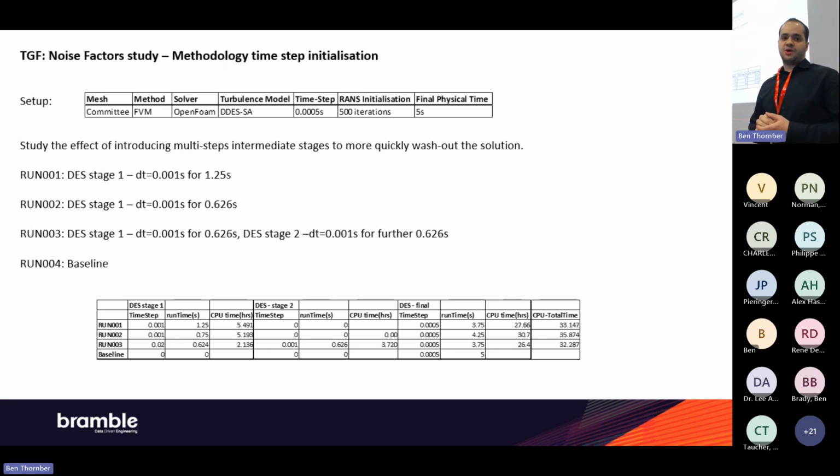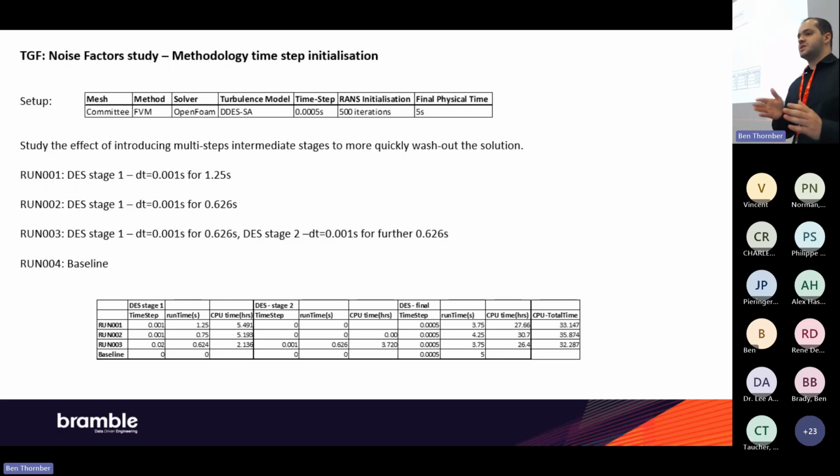So first, talking about the initialization, we decided to try different settings, which was changing the time step in the initial washout period of, in our case, our transient solution. For this particular study, we performed it on the committee mesh, the ANSA mesh.